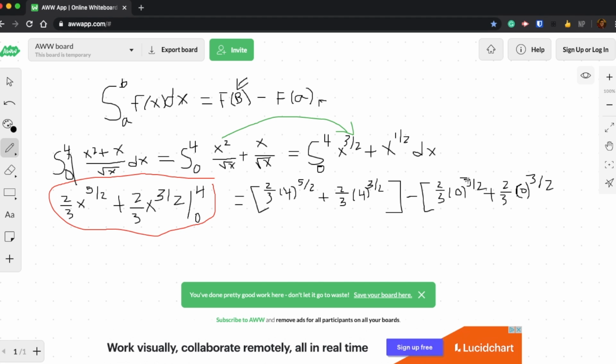This is a 3, by the way. So this is what it would look like.